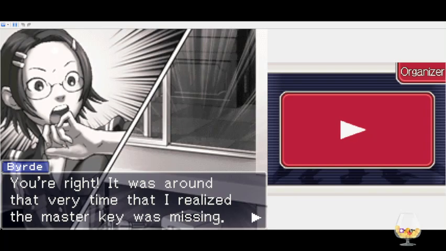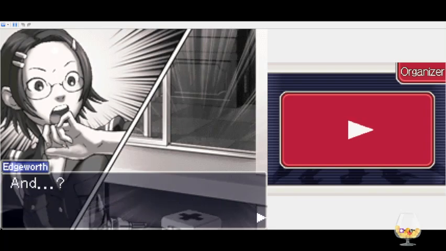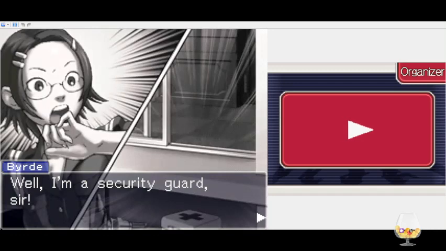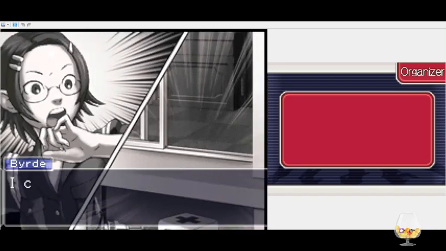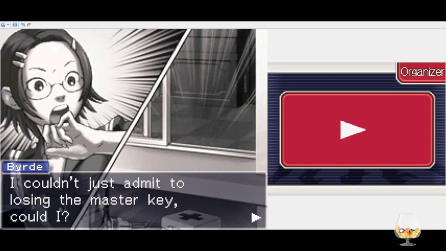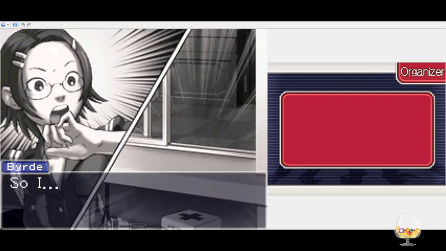You're right. It was around that very time I realized the master key was missing. And? Well, I'm a security guard, sir. I couldn't just admit to losing the master key, could I? So I pretended to lock up his room, sir. You pretended?